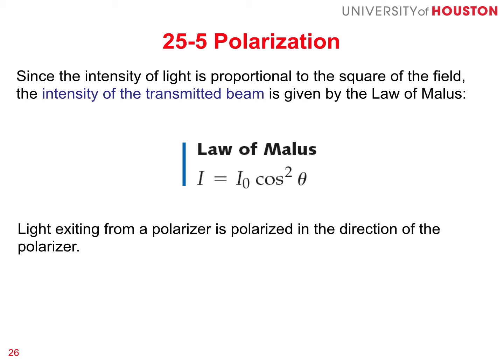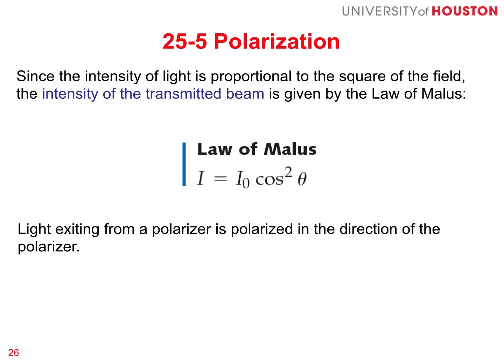This reduction in the electric field gives us the law of Malus, which tells us that the transmitted intensity will be equal to the original intensity, I0, times cos squared theta, where theta is the change in the direction of polarization.